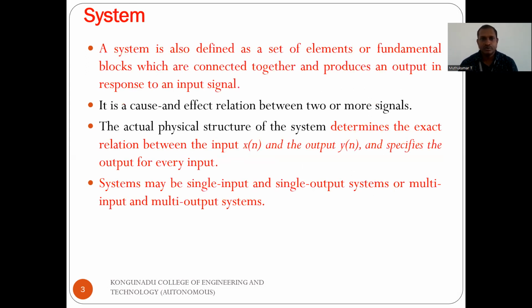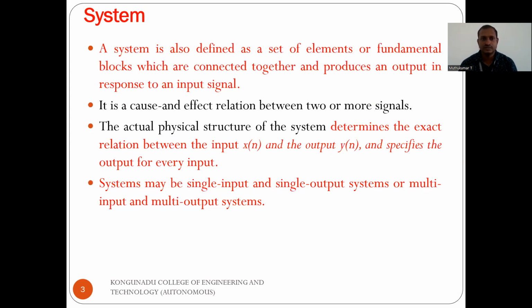Next, I'm going for the system. System is defined as a set of elements or fundamental blocks which are connected together to produce an output in response to one input. So it is a combination of elements or fundamental blocks connected together to produce an output with respect to the input signal.